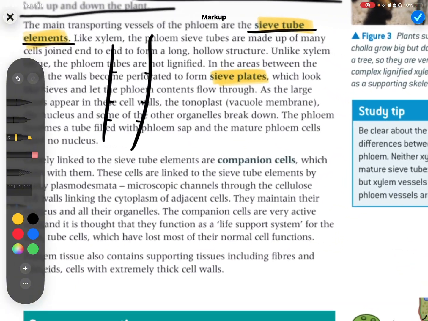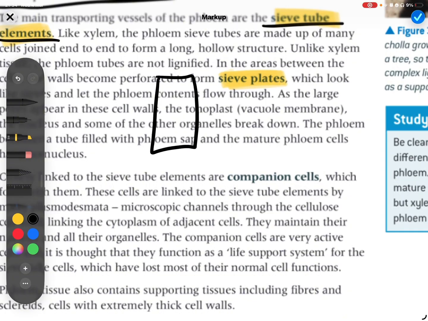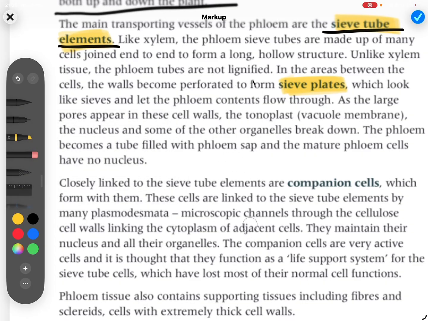Now, when these phloem sieve tube elements form, they all of a sudden start creating little gaps. When those pores appear, as it says, as the large pores appear in these cell walls, the tonoplast, so that's the vacuole membrane, the nucleus, and some of the other organelles break down.